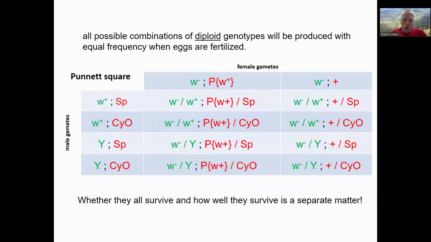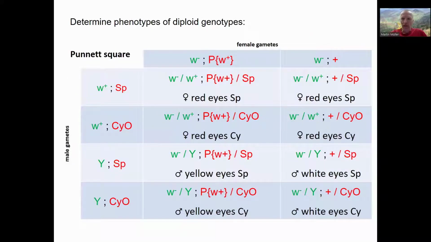The numbers are not always like in Mendel 1 to 2 to 1, but numbers can be quite influenced by the viability of the different markers you are using. Some combinations do not survive well, and you can sometimes only get very few of those flies or not at all.